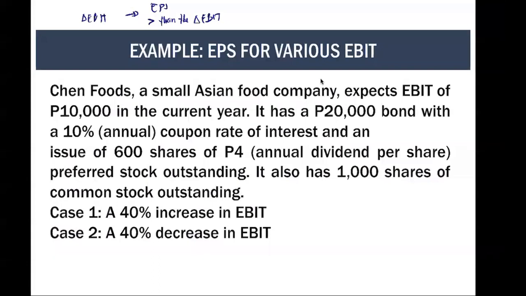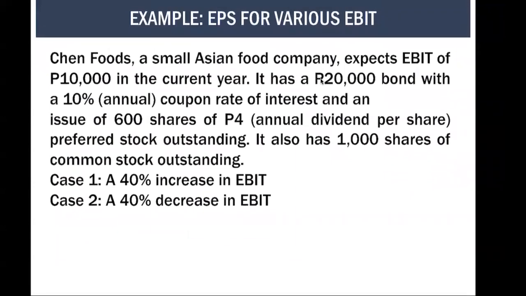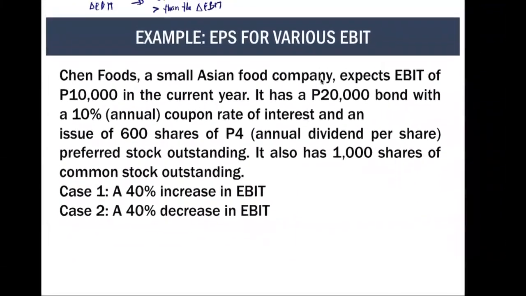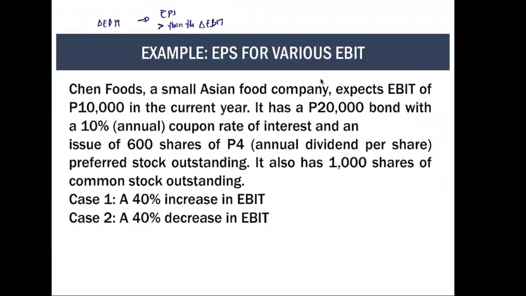Chen Foods, the small Asian food company, expects EBIT of 10,000 in the current year. It has a 20,000 bond with a 10% annual coupon rate of interest and 600 shares of preferred stock outstanding with an annual dividend of 4 per share. It also has 1,000 shares of common stock outstanding.